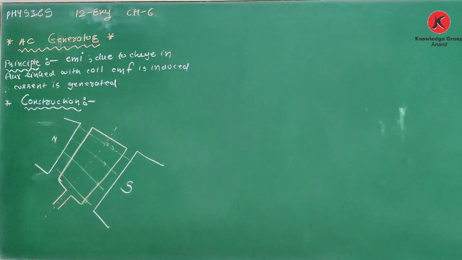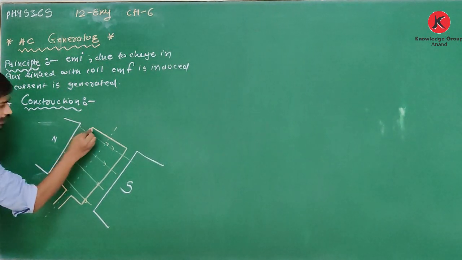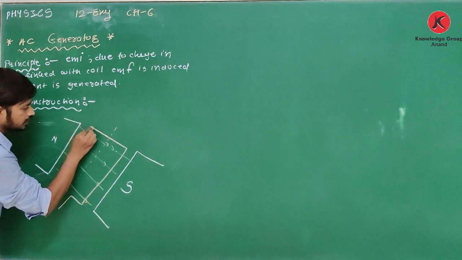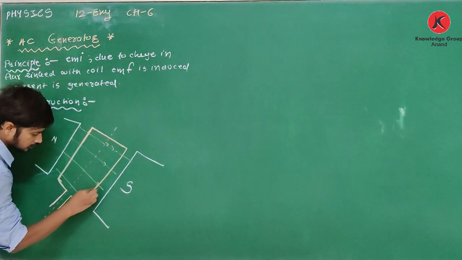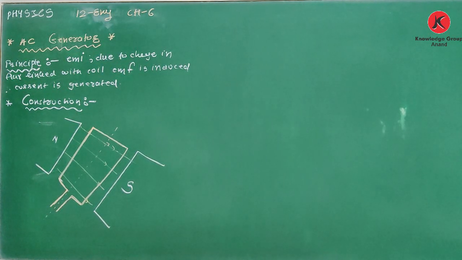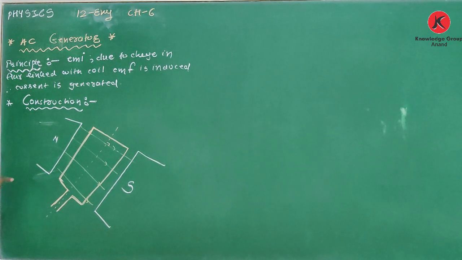Clear about this? Yes, it is one coil. And this coil is rotated by some external means, by some external force. How this coil is rotated by some external means, I will explain in the last.